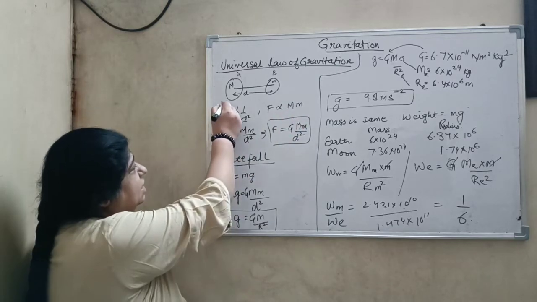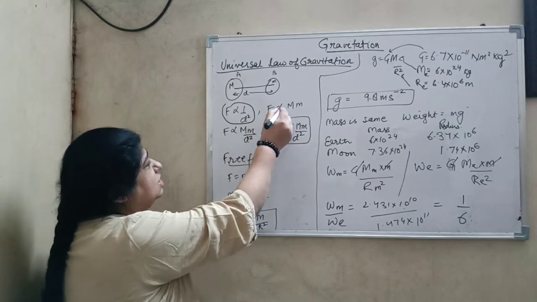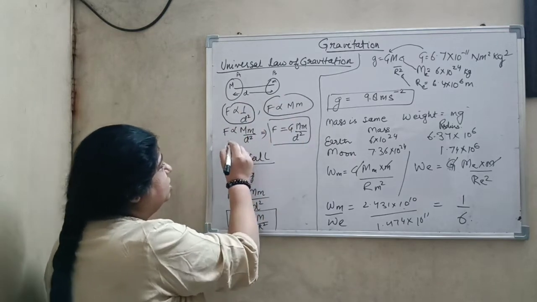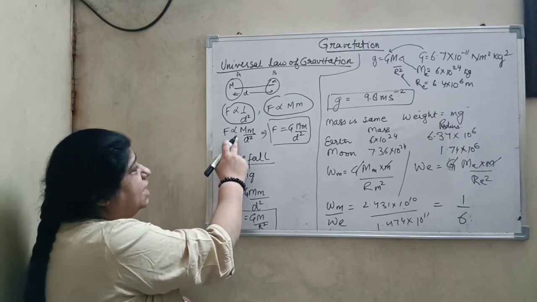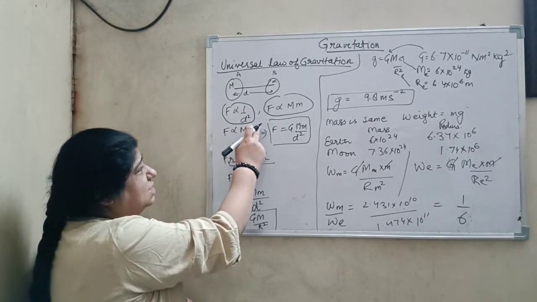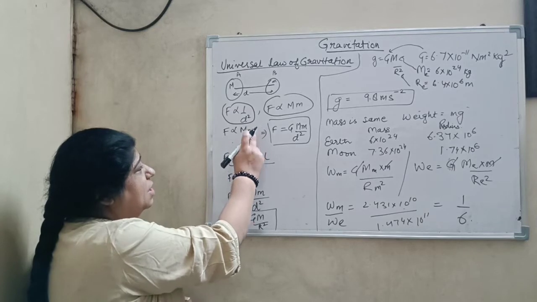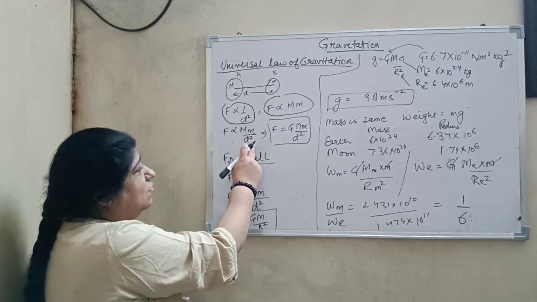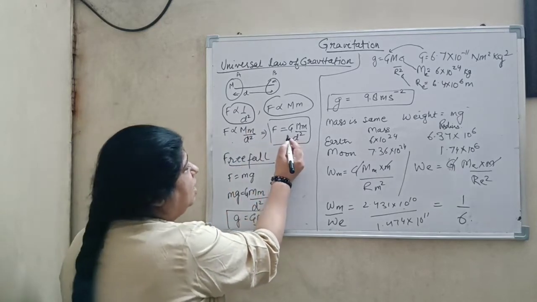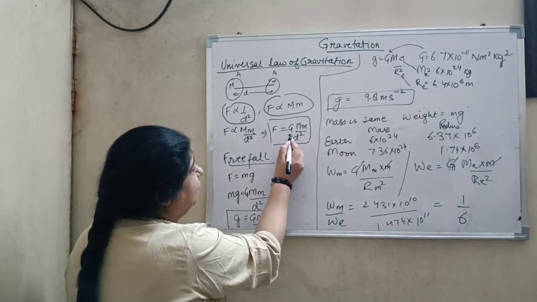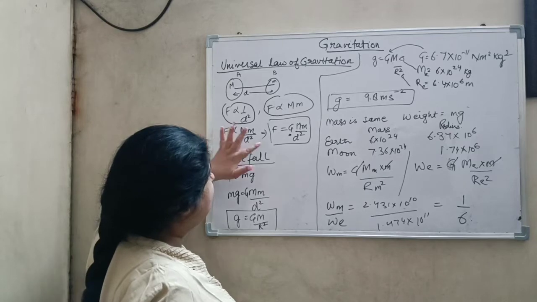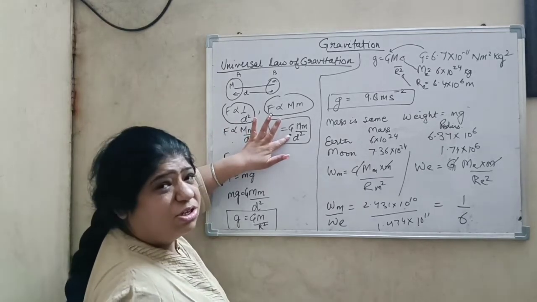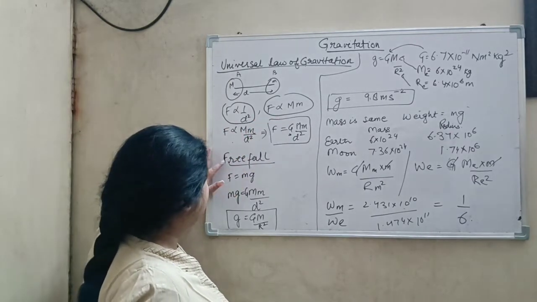So combining these two, we get this equation: force is directly proportional to the product of the masses and inversely proportional to the square of the distance between them. We'll put the constant here after removing the proportionality sign. This is the proportional constant, the gravitation proportion constant.